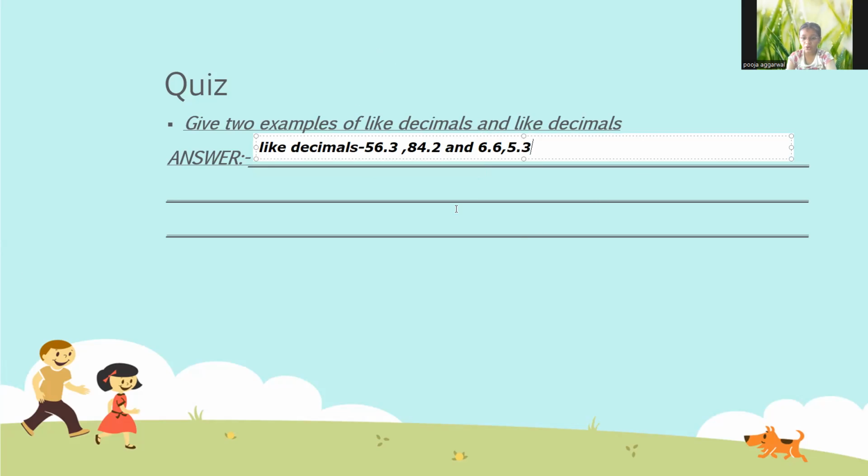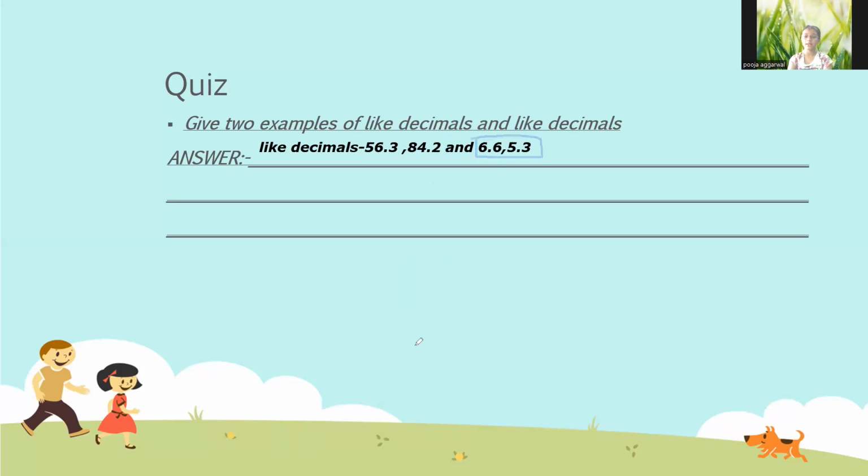Here you can see there is one digit after the decimal point, here also one digit, here also one digit, and here also one digit after the decimal point. So this is example number 1, and after this, the whole is example number 2.